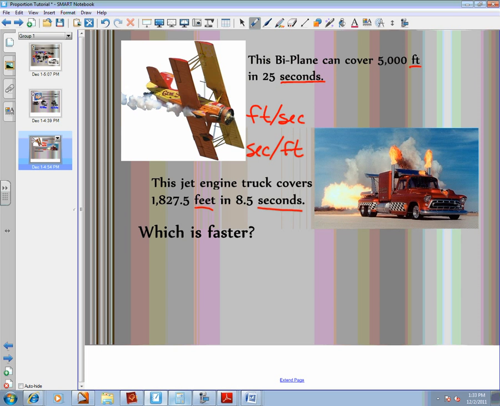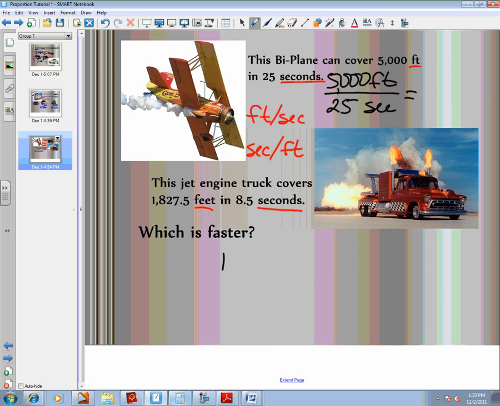So since I know I want feet per second, that tells me what I need to do. So I'm going to put feet over seconds. And it's 5,000 feet for the plane over 25 seconds. And then we'll come down here, and that will equal some feet per second number.